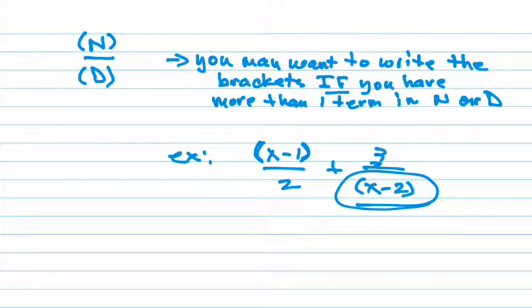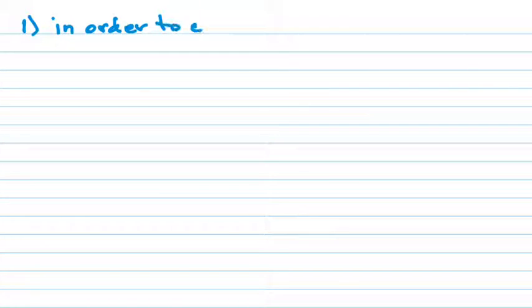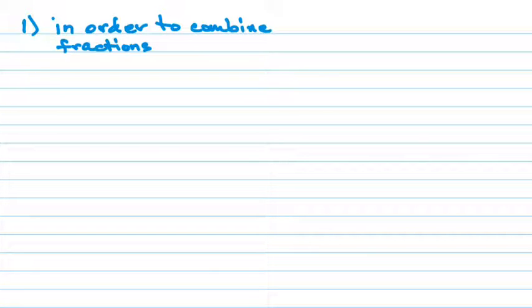Okay? Now, guys, so today what we're going to do is talk about adding and subtracting, or combining fractions. And the first rule is that in order to combine fractions, what do we know about the denominators?